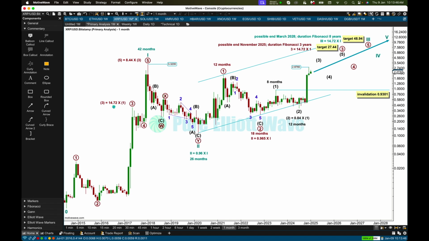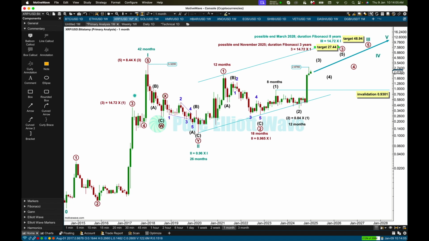That's not a Fibonacci ratio, but if we see that same ratio exhibited between cycle 1 and cycle 3, and primary 1 here and primary 3 here, then that's how I get these target calculations. So I'm not using a Fibonacci ratio to calculate these targets.